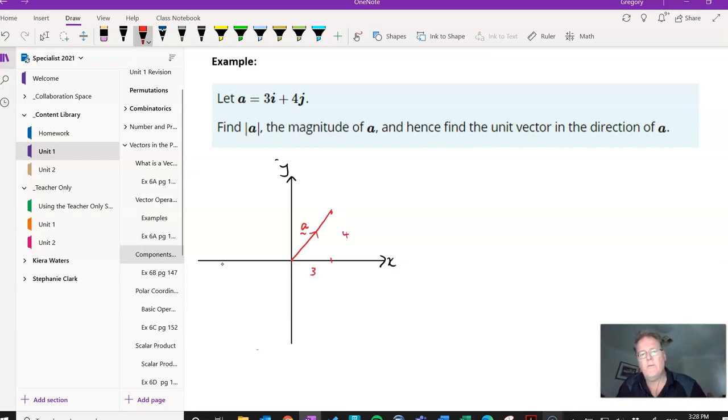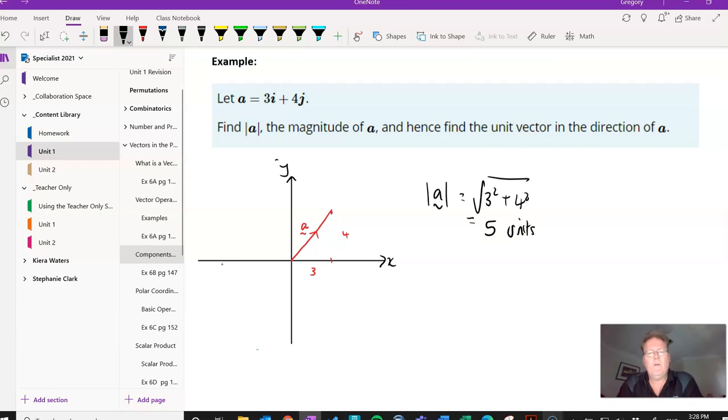It's 3 units along and 4 units up. So the first question is, what's the magnitude of a? Well, that's a pretty easy calculation. We've done that already. Using Pythagoras, we've got 5. So we know the magnitude of a is 5. So it is 5 units long.